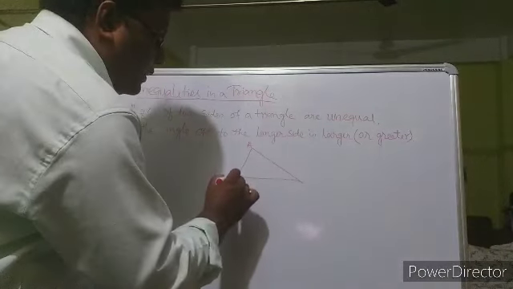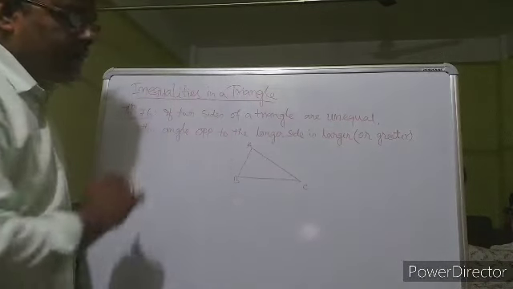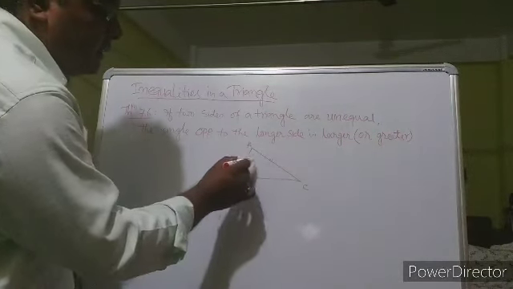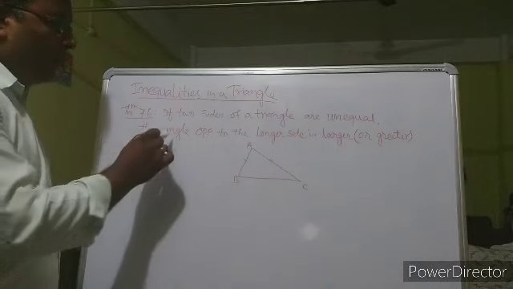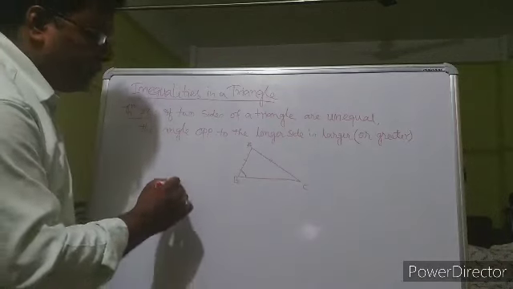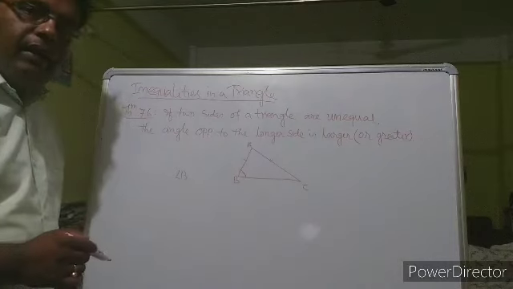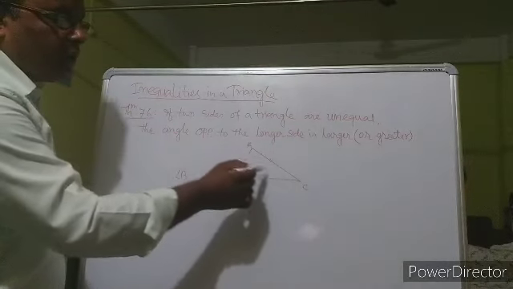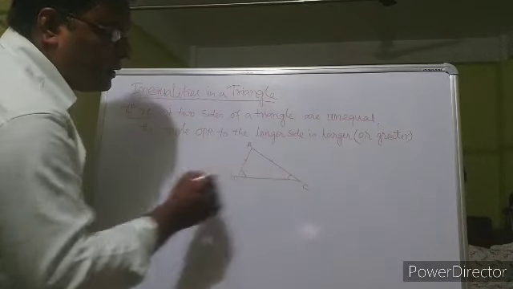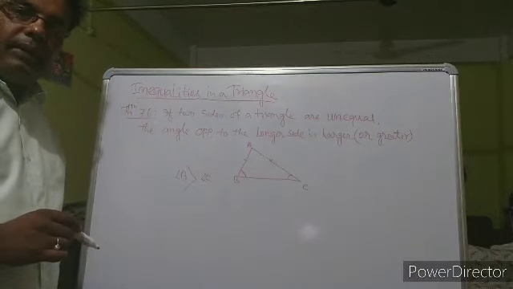In triangle ABC, if AC is greater than AB, then the angle opposite to the longer side, that is angle B, is larger than the angle opposite to the shorter side, that is angle C. So this is the theorem, remember it.